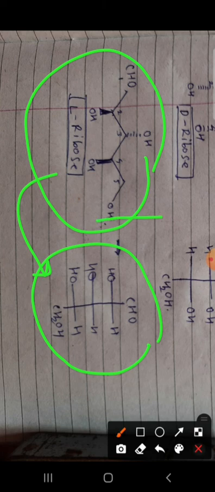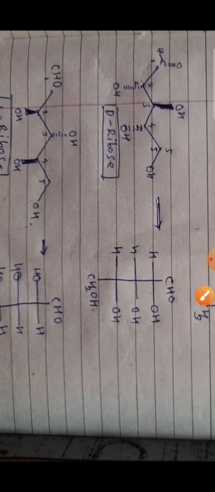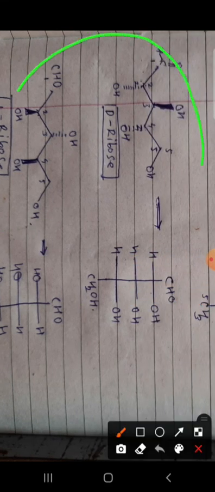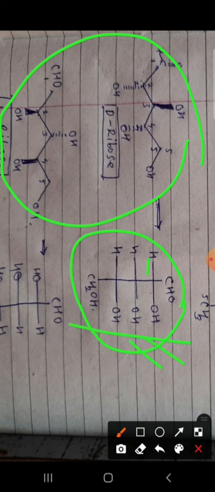These are mirror images, but we cannot differentiate this mirror image correctly. But in the Fischer projection, if I take the mirror of this molecule, the carbon chain and OH substitution come to this side, looking like the exact mirror image of this. We can differentiate this mirror image easily.